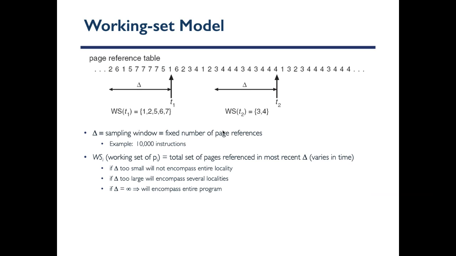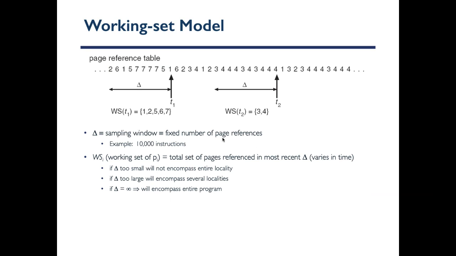If you pick this window very small, then you're basically not gathering enough information about the locality of your pages. If delta is too large, then you're basically memorizing something from the past that might have changed. So your data wouldn't be that up to date.